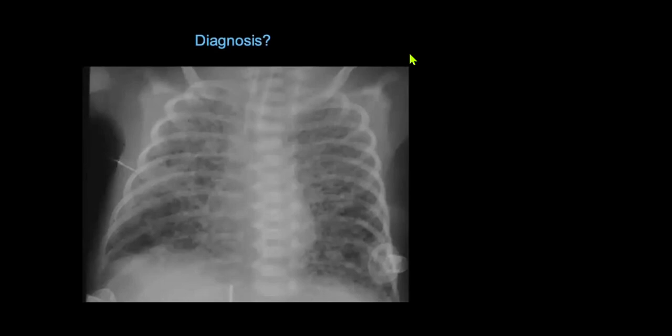So the lungs have a coarse reticular pattern, predominantly in the upper and mid zones, and slightly less severe in the lower zones. It appears to be quite symmetrical. The lung volumes appear to be preserved. Normal cardiomediastinal contour. There's no pneumothorax or pleural effusion.